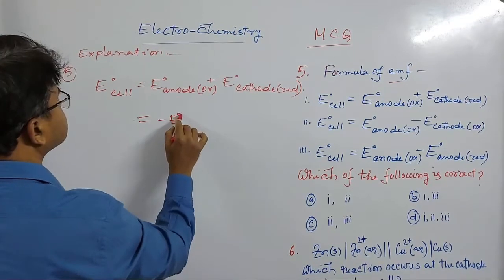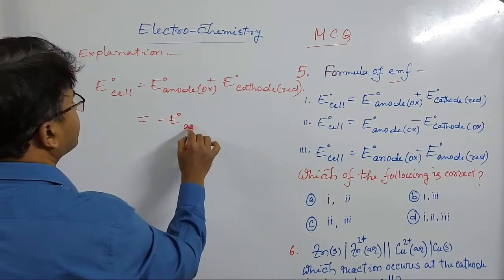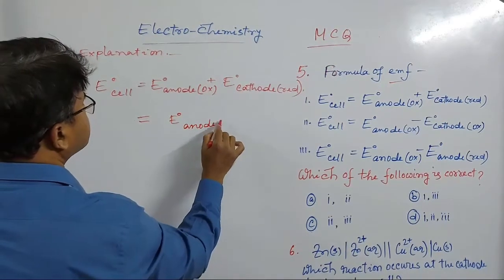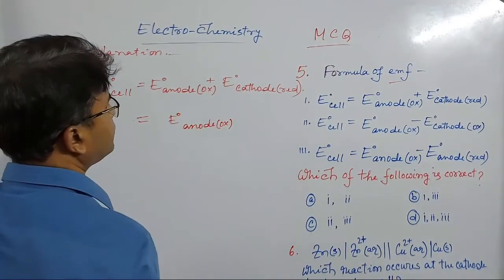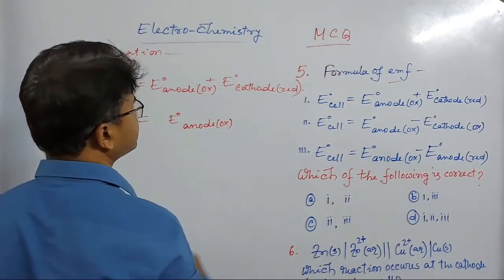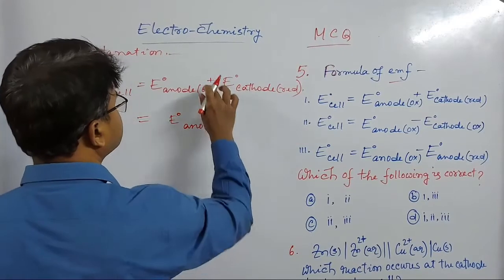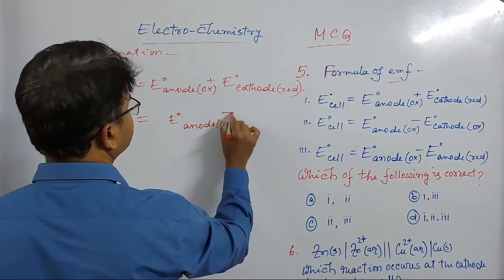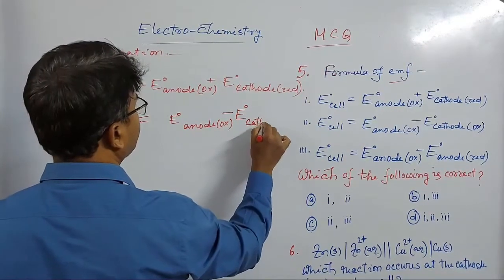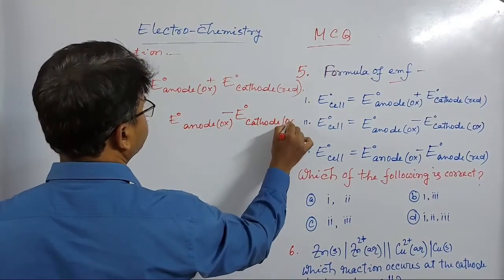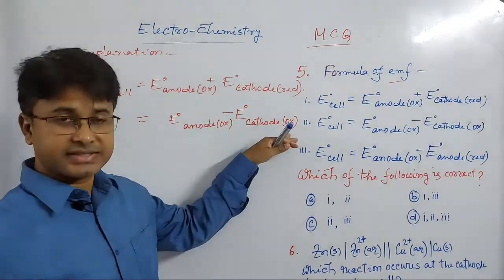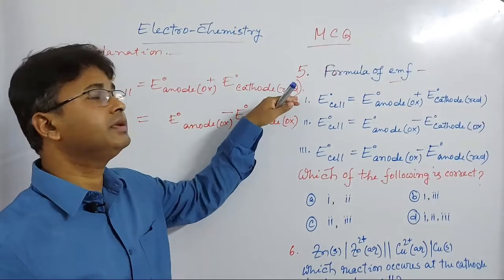Dear students, I can write here anode ox. If I write here oxidation instead of reduction for the cathode, in that case this plus sign will be opposite, I mean it will be minus, and it will be anode ox minus cathode ox, because I have written here oxidation instead of reduction.